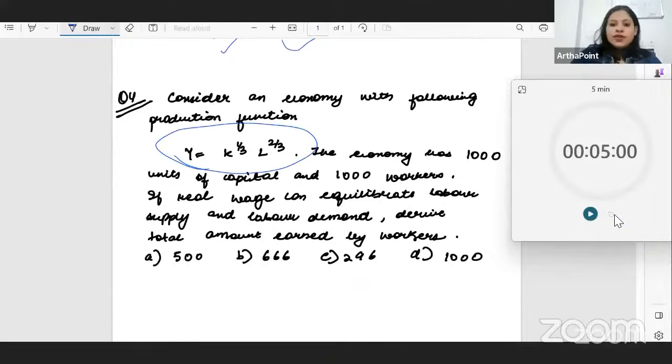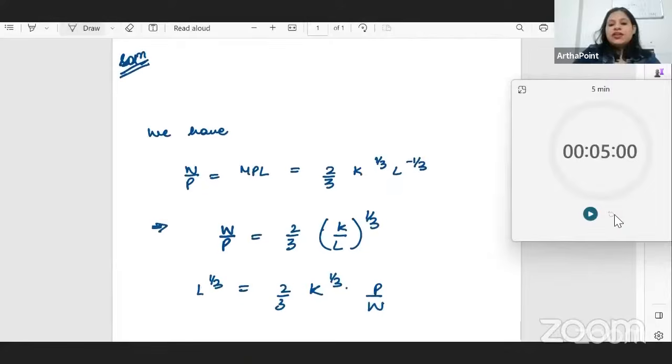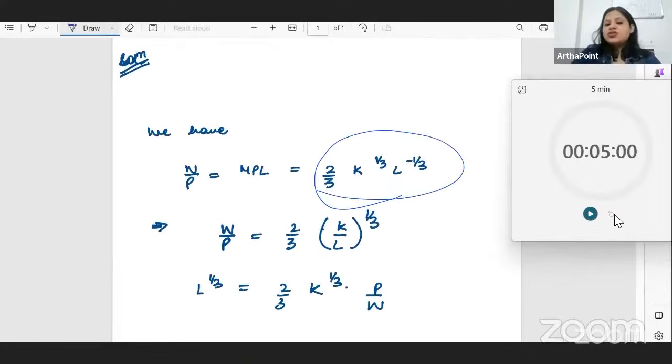When you differentiate this production function with respect to L, the power 2 by 3 will come down and the power will reduce by 1. So you will simply go ahead and get something like this. This is the marginal product of labor. You will equate this marginal product of labor to the real wage.